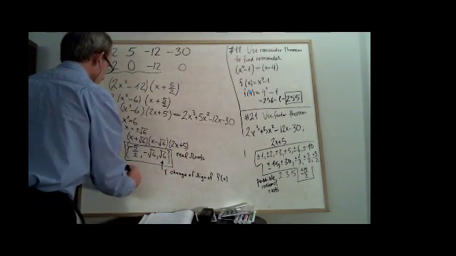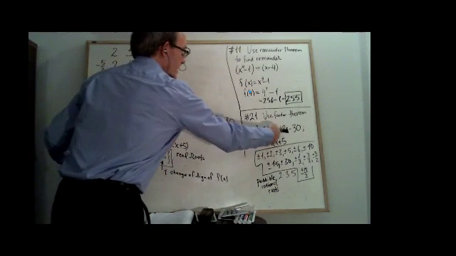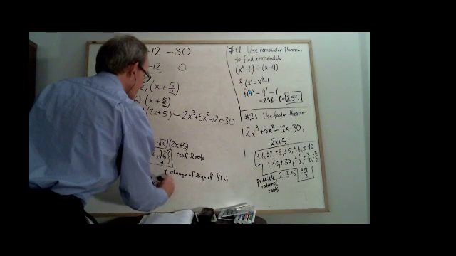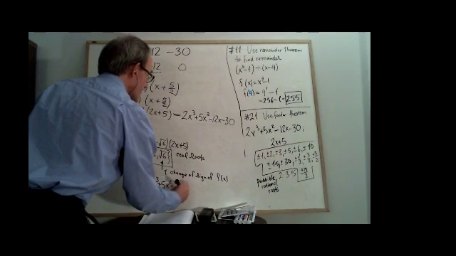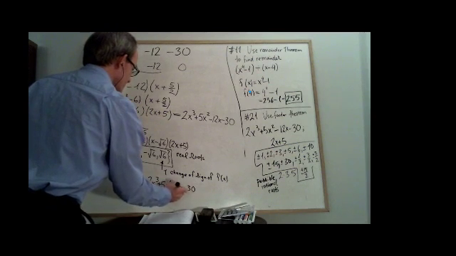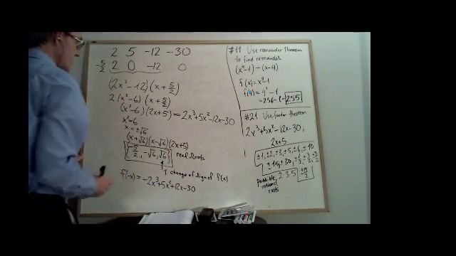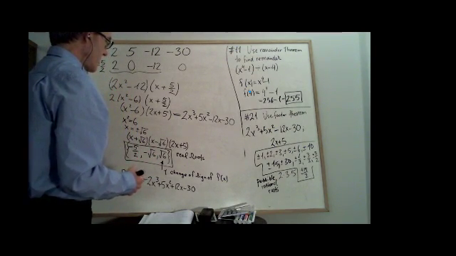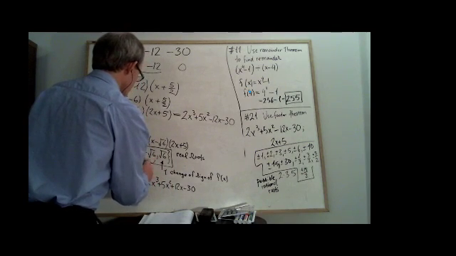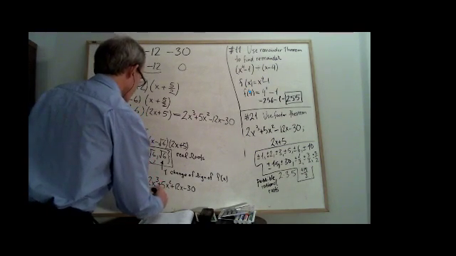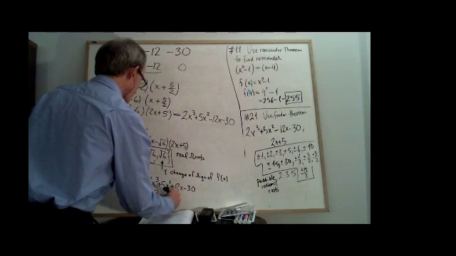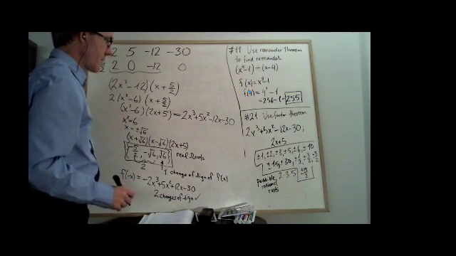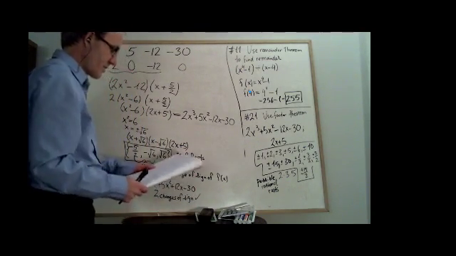And then f of minus x is just change the sign of this term and this term, and I get minus 2x cubed plus 5x squared plus 12x minus 30. So I get one here I get a change, and then here I get a change. So that's two changes of sign. And so the number of negative roots is either 2 or 0. And we do get 2. So that works as well. So that's in agreement with Descartes' rule of signs.